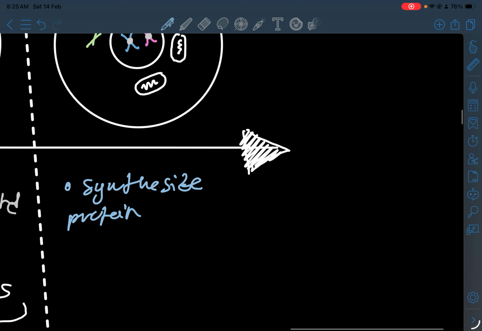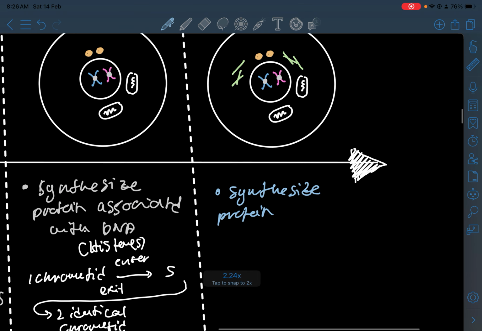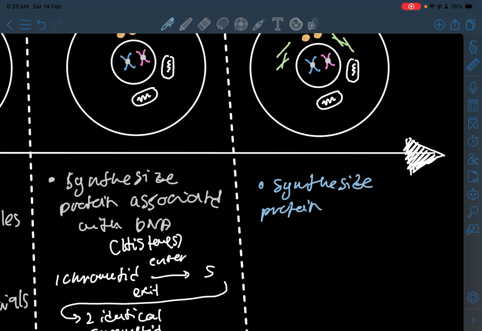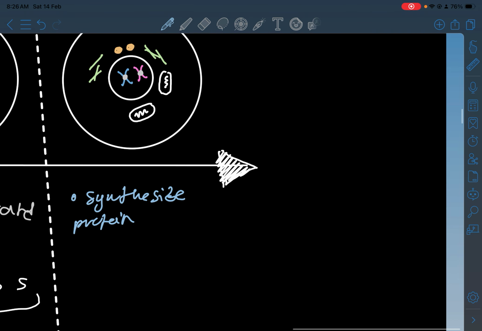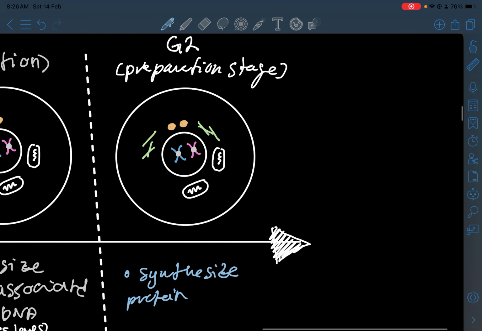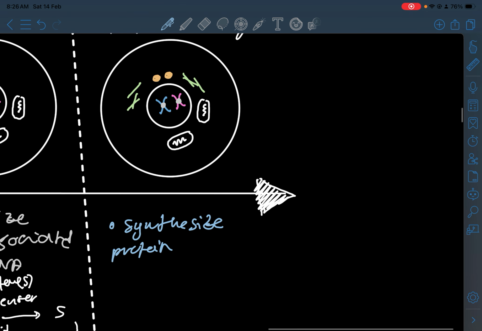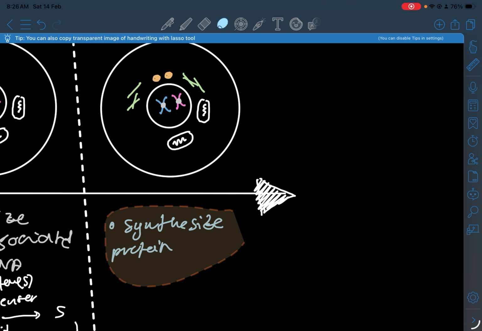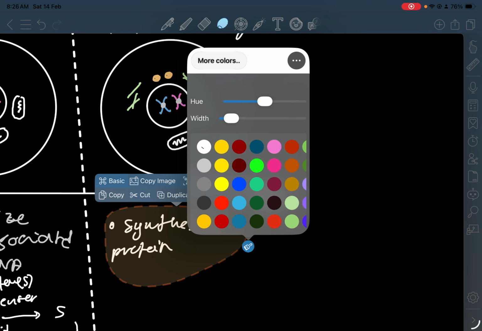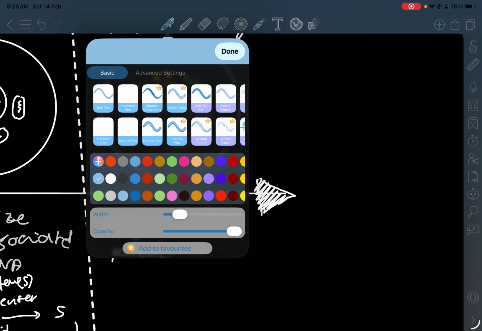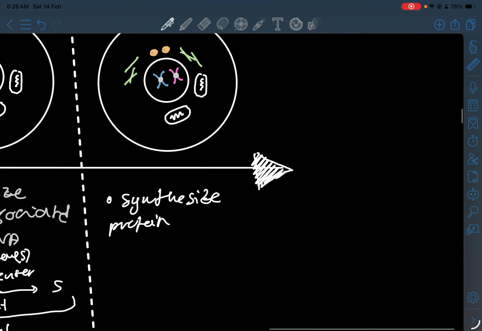So, what are the proteins that are synthesized that aid in the cell division? We already know that there are proteins associated with DNA such as histone. What's the difference between G2 and S phase? Well, the proteins that the cell synthesizes during G2 are different from those in the S phase.